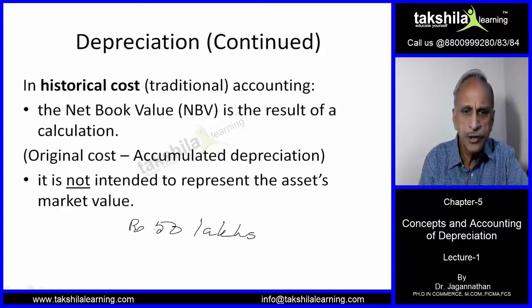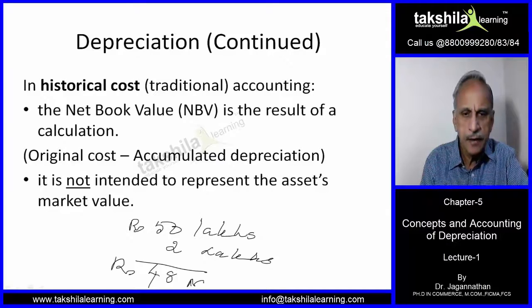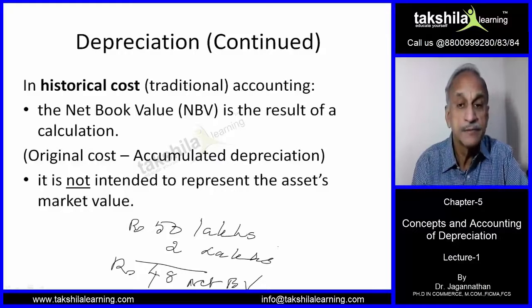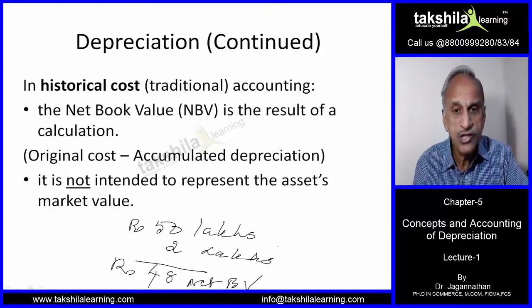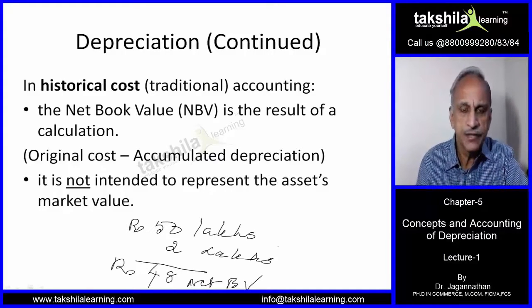And in a particular year you have charged a depreciation of 2 lakhs. So the net value will be 48 lakhs. This is the net book value or net value. Original cost minus accumulated depreciation.